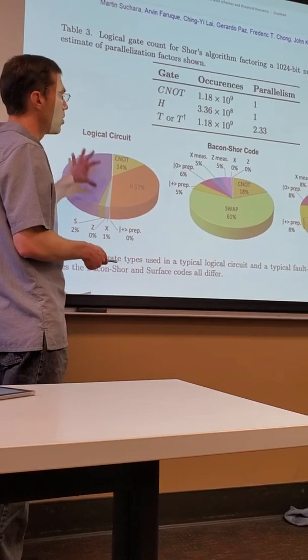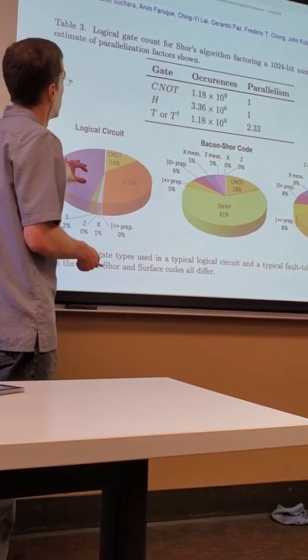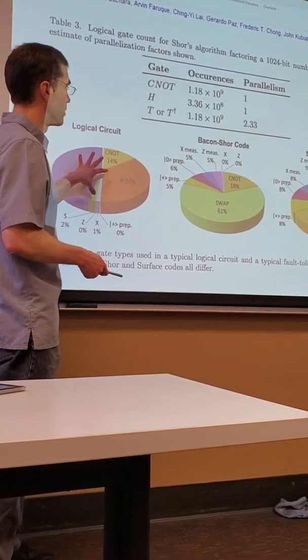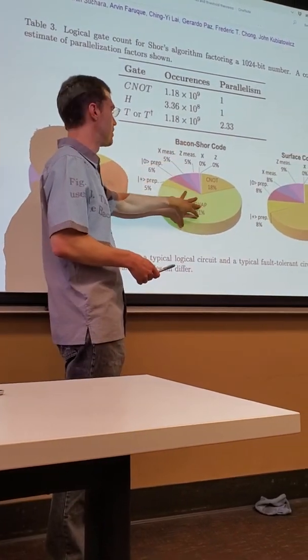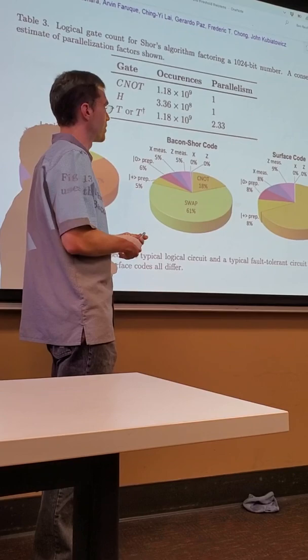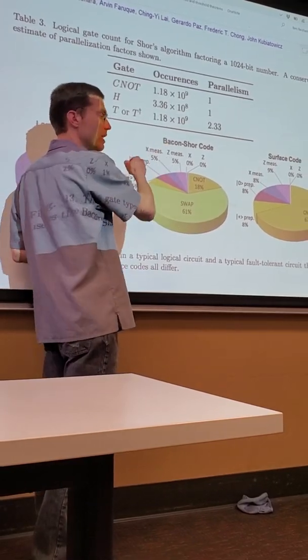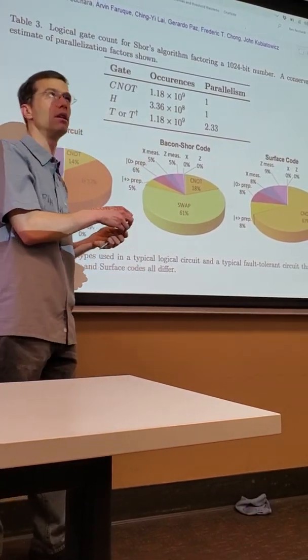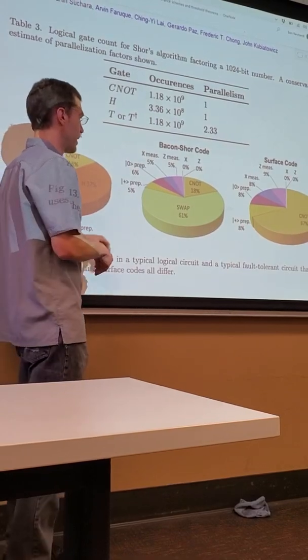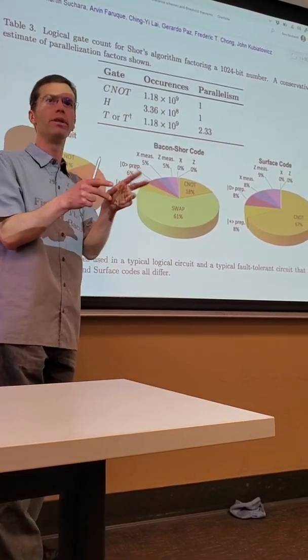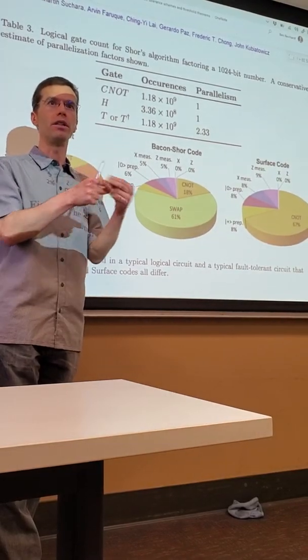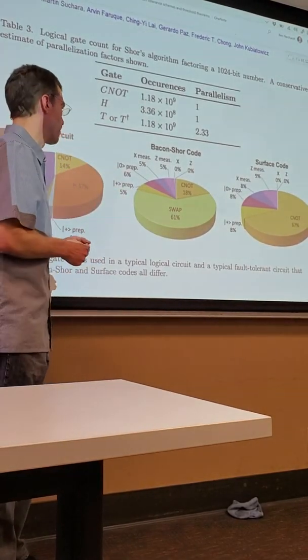But when you encode it onto an error correcting code, the gates that you use change quite a lot. For example, if we're using the 9-1-3 Bacon-Shor code or the 25-1-5 Bacon-Shor code, most of the work is swapping qubits around the two-dimensional lattice, because you have to move them around to talk to each other.